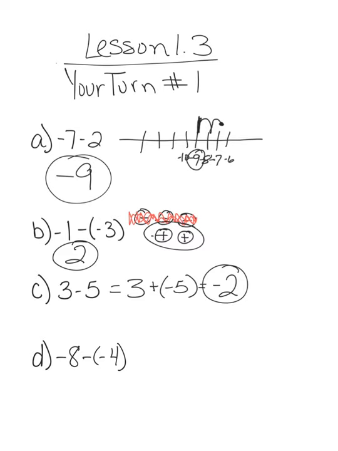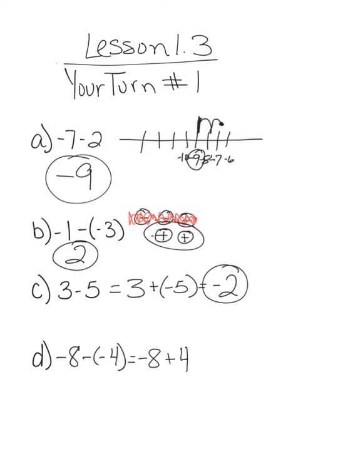And finally, D, -8 minus -4. In this case, I'm going to also rewrite it. -8 plus the opposite of -4, which is a positive 4.